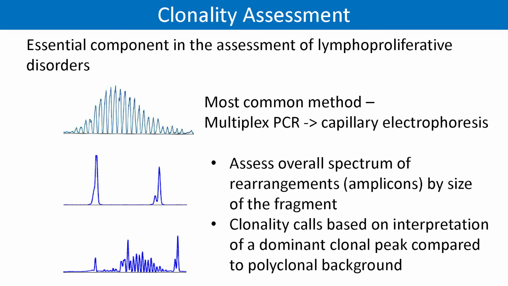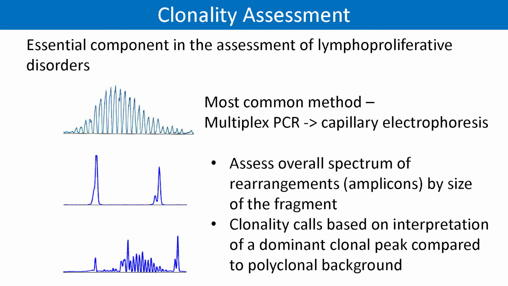These assays are very robust, and here are some representative plots of what we usually look for when we're signing out these clinical assays. The picture that you see on top right here is what we would look for a polyclonal sample, and what we look for is fragments with a distribution that is bell-shaped, and telling you that there is no single fragment that is prominent, and you can, for the most part, say that a sample that has this kind of distribution is likely benign and just polyclonal.